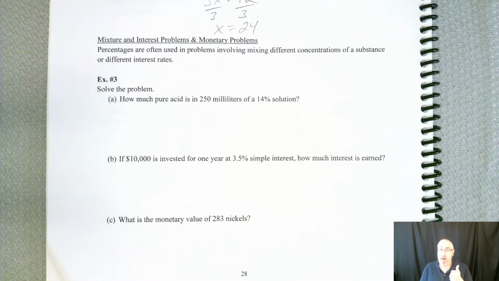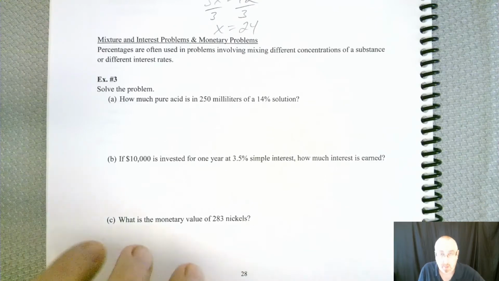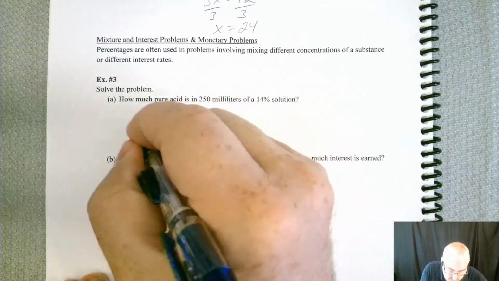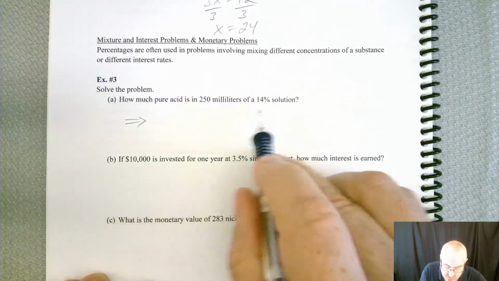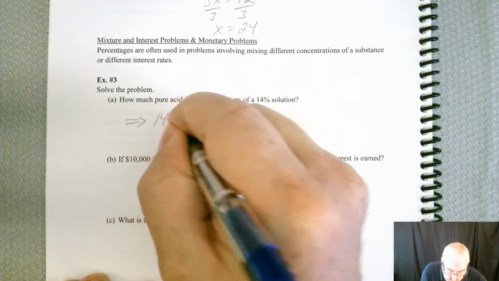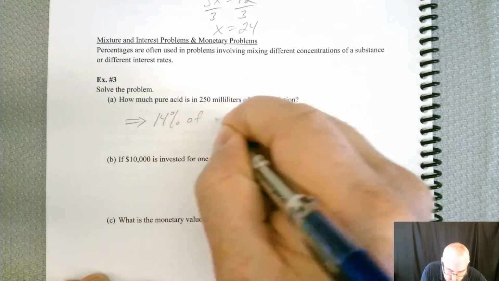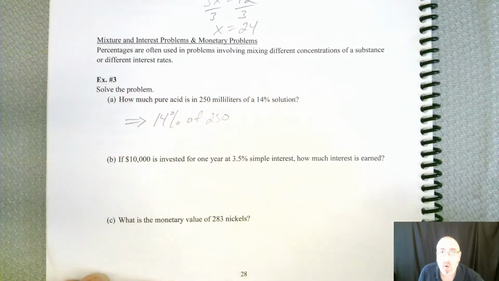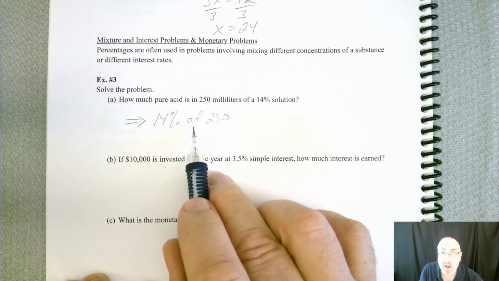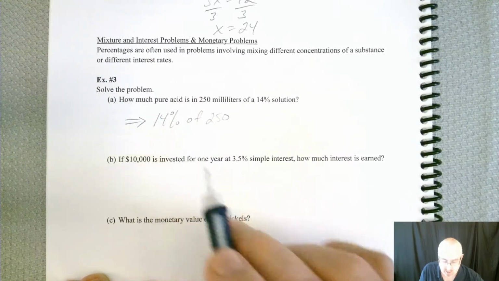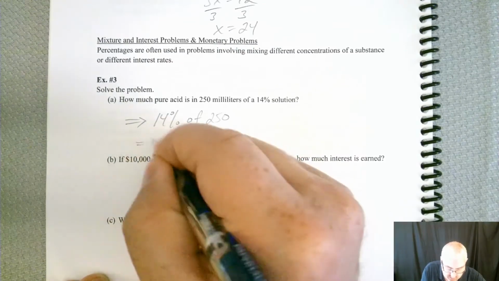And this is a quick problem if you multiply. All you need to do is multiply. Let's multiply that percentage times our whole quantity. So remember, of is multiply. Of is multiply. So all they want you to do is multiply these together.